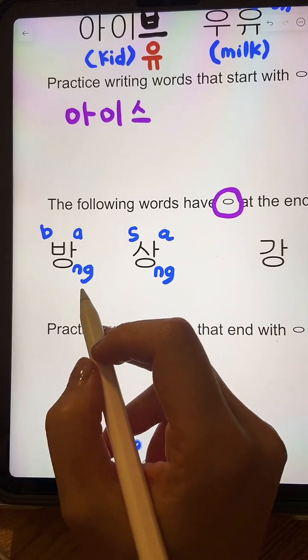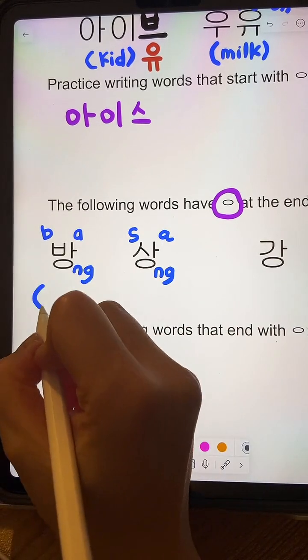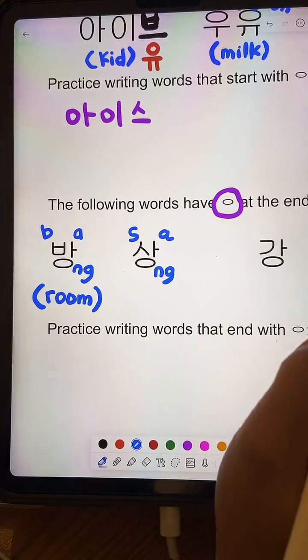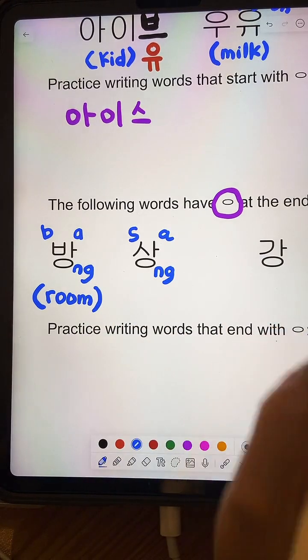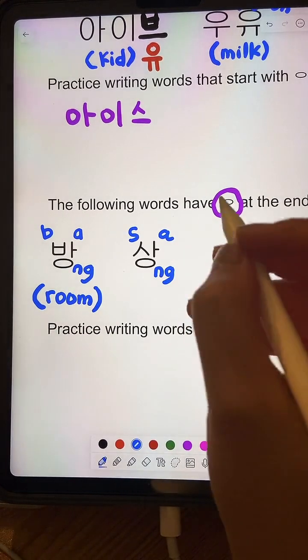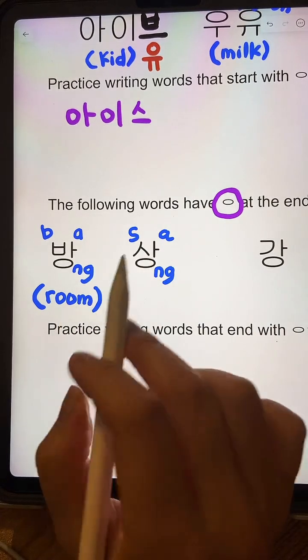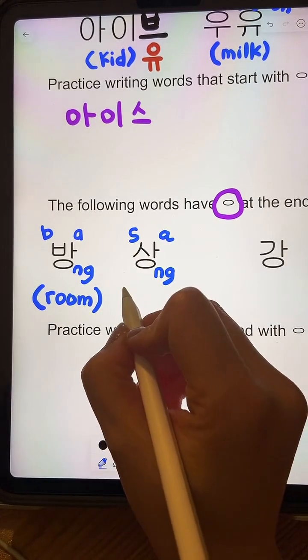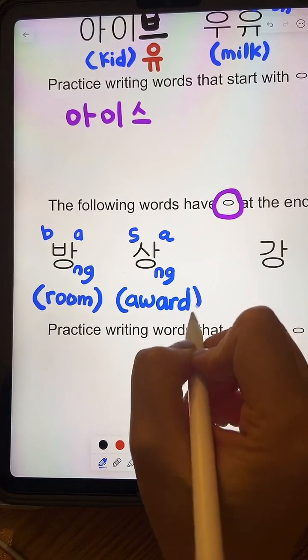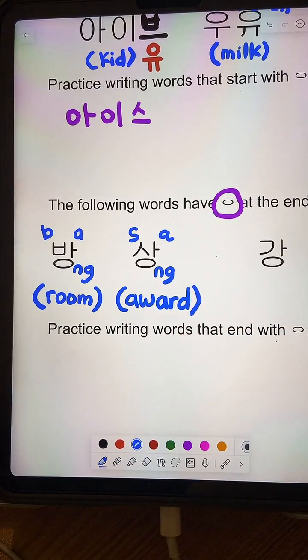Let's learn the meaning. What does pang mean just by itself? Pang. Anyone know? It means room. Ooh, good. Yes, K-pop definitely helps you with the learning of the letters, right? That means room. Sang also means something. Sang means an award.